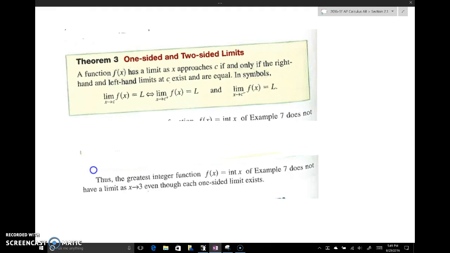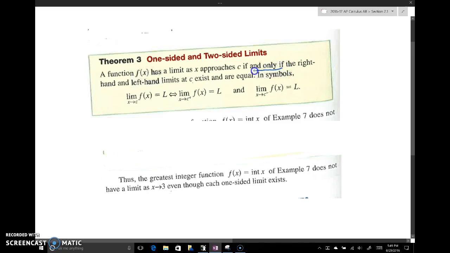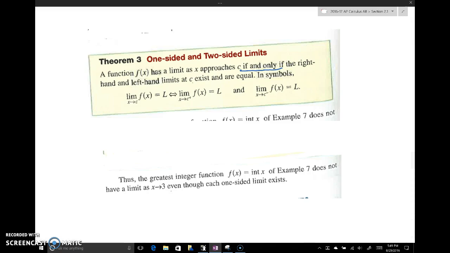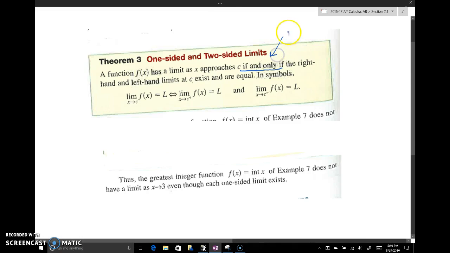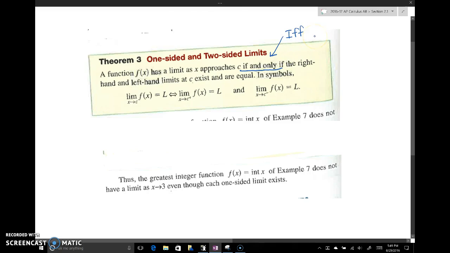Okay, so here's a theorem, and it says a function f of x has a limit as x approaches c if and only if the right-hand and left-hand limits at c exist and are equal. And sometimes this is written IFF, if and only if. And that has a very special meaning. When a function is if and only if, it means that it can be read backwards and still be true.